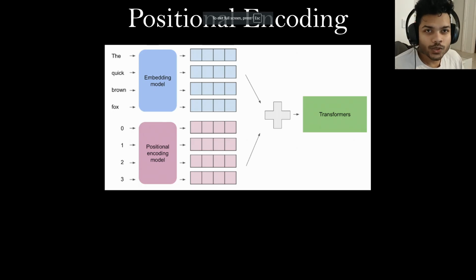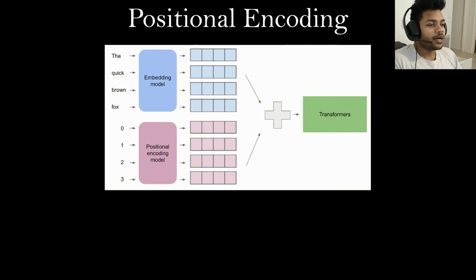Now move on to the next part, which is positional encoding. It's very important. Why do we need positional encoding? This is because the transformer architecture looks at one word at a time. For example, this particular vector is treated individually, this vector is treated individually, and so on for each and every word. There is only one part where they interact with each other, but still the model has no sense of which word came first.